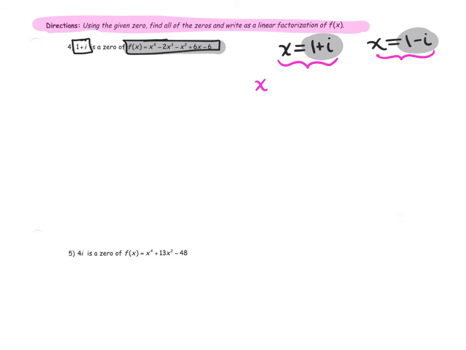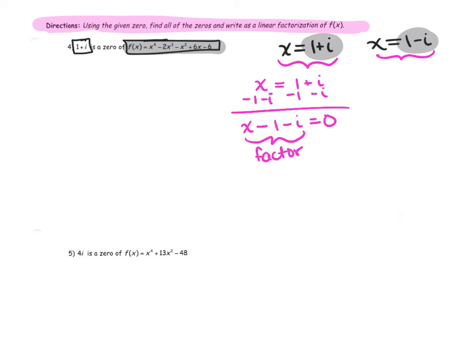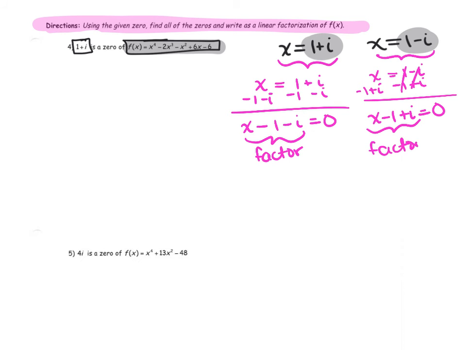So we'll have x, so let's write this out, x equaling this, minus 1 minus i, right? We set it equal to 0. We undo it being a root, so now this is a factor. Over here, I have x equaling 1 minus i, so subtract 1, add i. And now I have x minus 1 plus i equaling 0. Again, that's a factor.